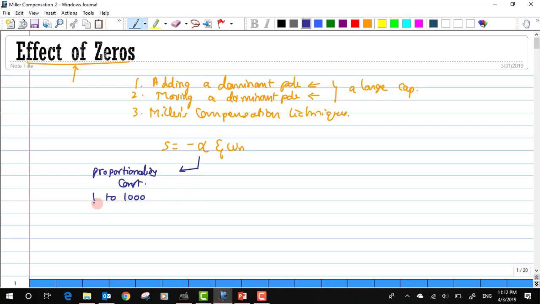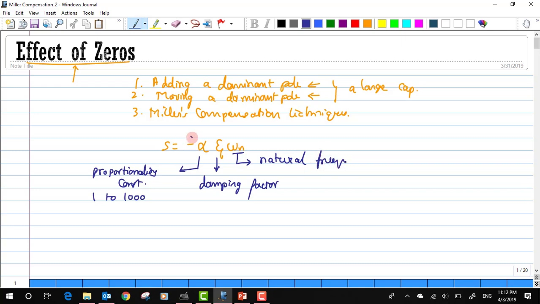So the minimum value that it can have is 1, and it can go to a larger positive value. Whereas the factor zeta signifies the damping factor, which we have already discussed when we discussed the frequency response. And the third term, omega n, signifies the natural frequency term.